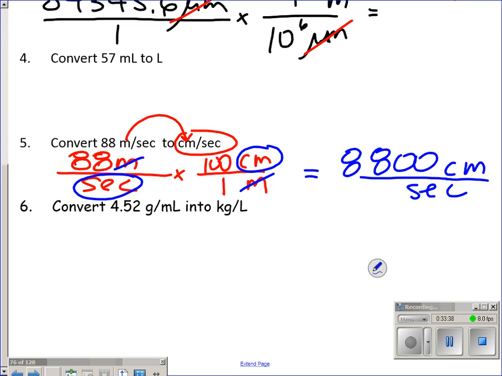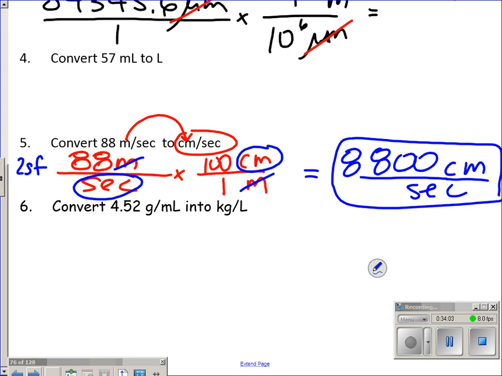Because the centimeter didn't get canceled, neither did the second. And since there were only numbers on the numerators, you just multiplied across 88 times 100. Nobody needs to divide by 1 because that doesn't change our value. And this happens to have 2 sig figs, like this one over here started us off with 2 sig figs. All right, so canceling, canceling, canceling. That's kind of the way we're going here.